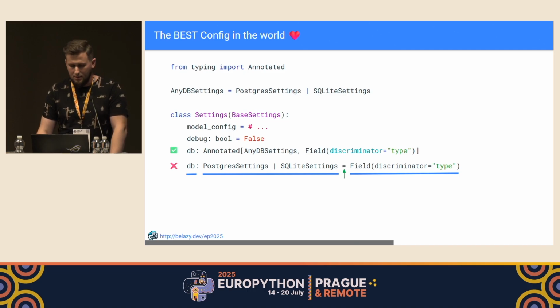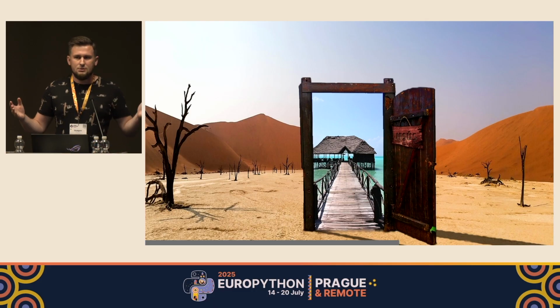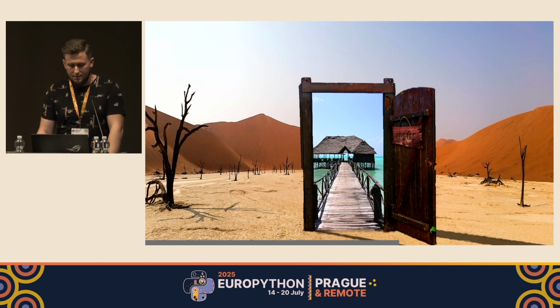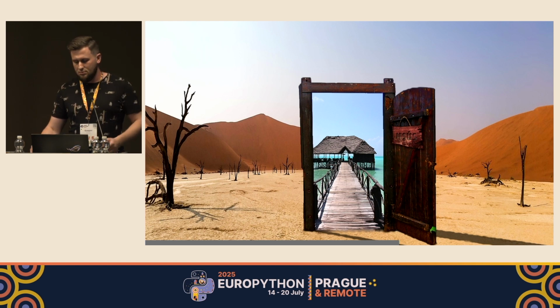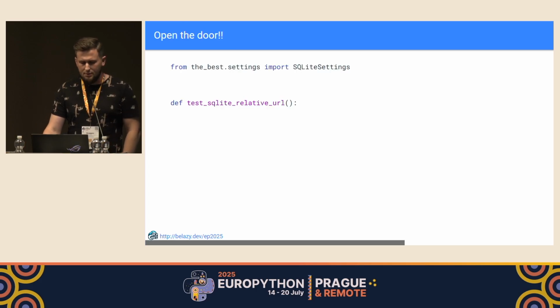So I was telling you about some opportunities, and with that configuration, we are opening doors to a new, better world. So how can we use this configuration? With our database, with our SQLite settings, we want to, for example, generate a relative URL.